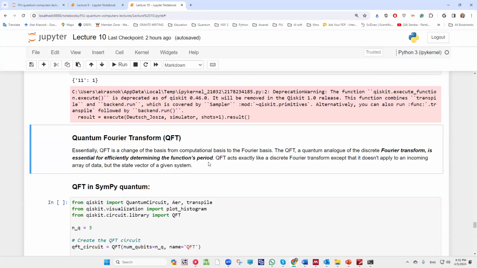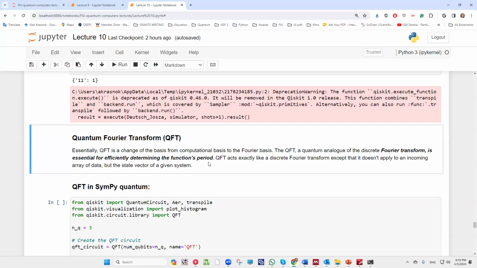Say I have a signal, like in classical physics, right? I am a radio or electrical engineer. I receive some signal. The signal is in the time domain, but it's not convenient to operate with the signal in the time domain.